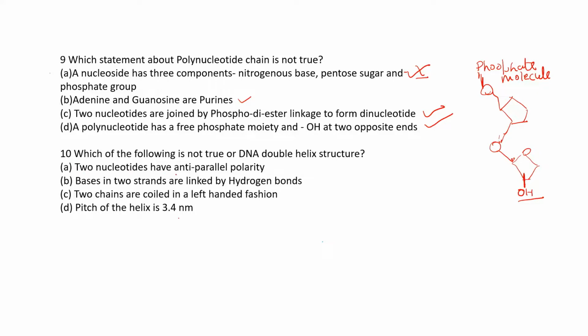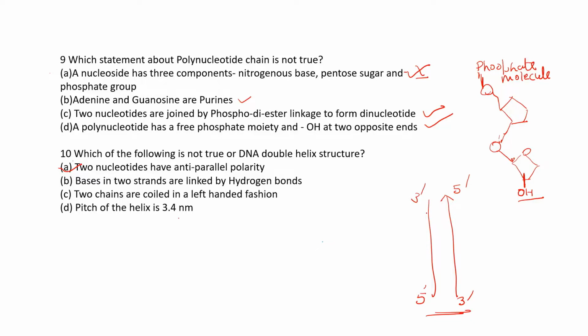Now, which of the following is not true for the DNA double helix structure? Two nucleotides are of antiparallel polarity. So this is correct. In both strands, they run in the opposite direction. They run parallel and in the opposite direction. So this option is correct. Bases in two strands are linked by hydrogen bonds.